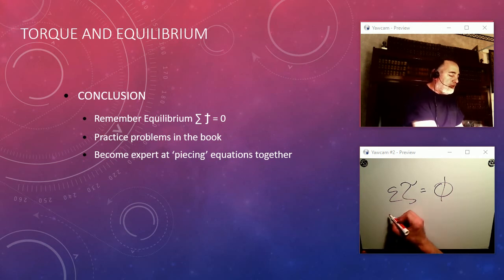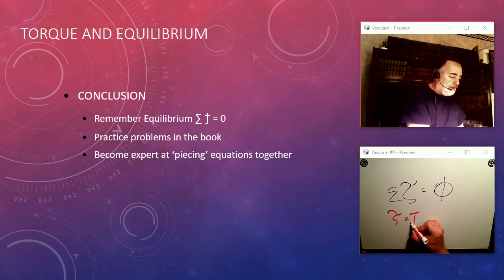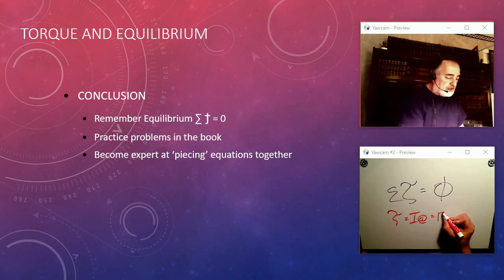We know that the torque is equal to moment of inertia times alpha, being rads per second squared, rotational acceleration. But we also know that torque is equal to force times the distance times sine of angle. Force can be thought of as MA.